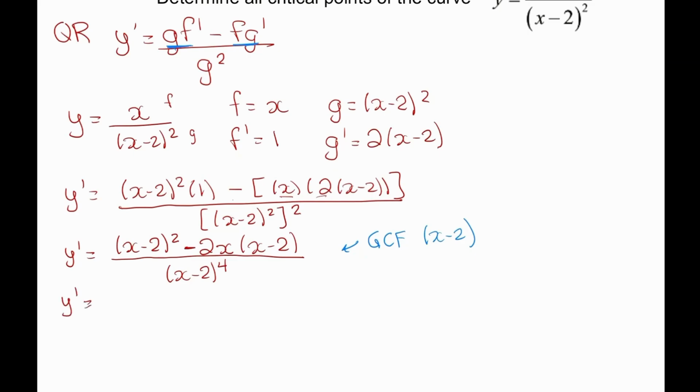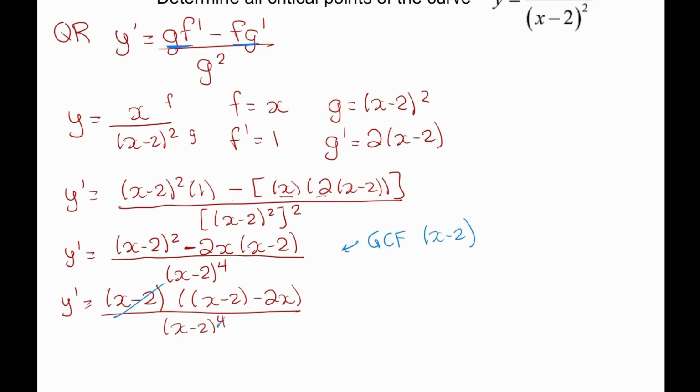So we are going to pull out an x minus 2, and that leaves us on the top with x minus 2 minus 2x. And then on the bottom, we have our x minus 2 to the power of 4. Now I can comfortably go ahead and eliminate that and eliminate one of those, so I'm not going to make any mistakes.